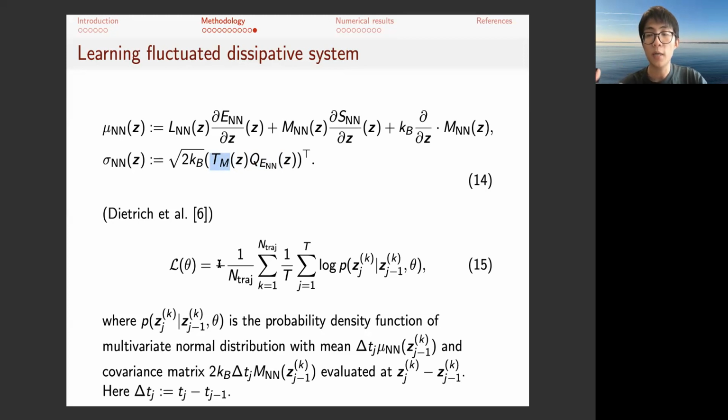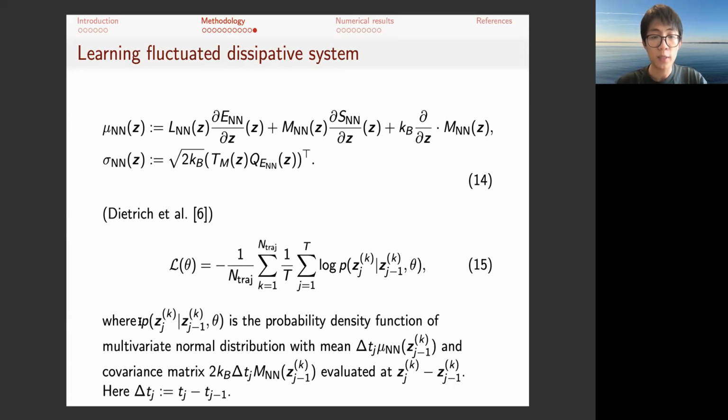So we use a maximum likelihood estimator to design this loss function, in the sense that we calculate the probability of d_j^k given d_{j-1}^k, where the probability distribution can be calculated from the one-step Euler-Maruyama discretization of the previous SDE.